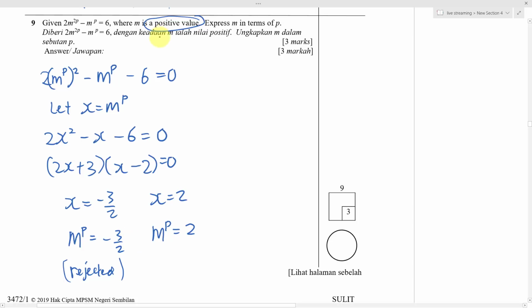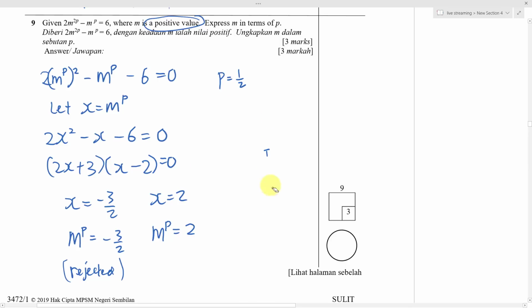But the question over here, they say m is a positive value. Because I see the marking scheme, the marking scheme actually says rejected. But imagine if p is half, for example, so you see what happened here, half here equals to negative 3 over 2. If I move the half to the other side, this one actually will become 2 over 1, which is squared, right? Then you will get 9 over 4. So which is the positive?